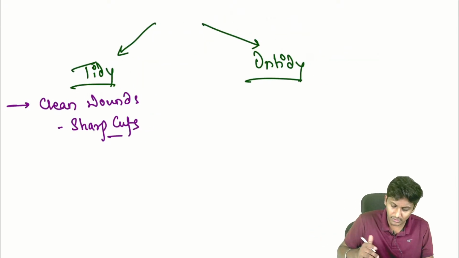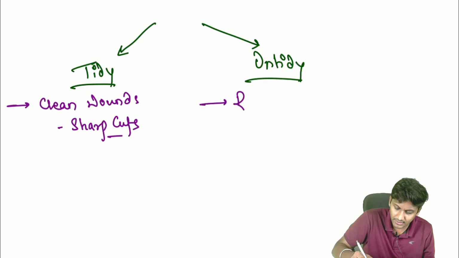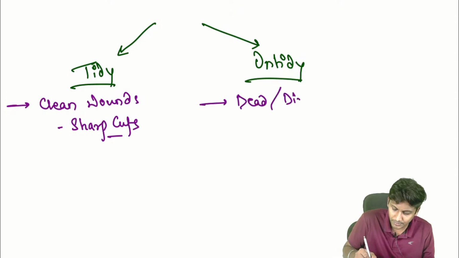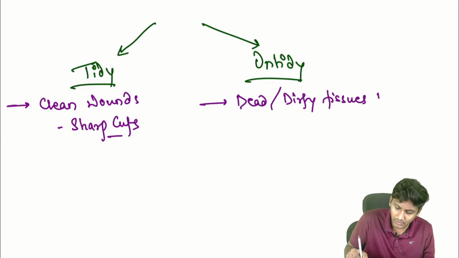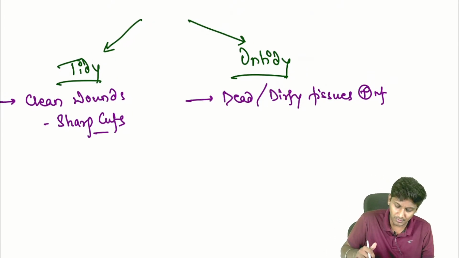On the other hand, what are untidy wounds? Untidy wounds are usually the roadside injury wounds. That means there will be dead or dirty tissues present, or there will be a lot of debris also present.